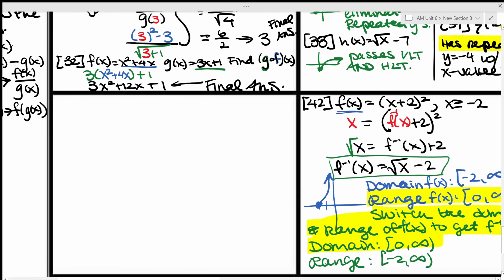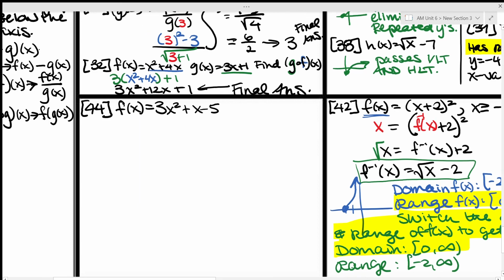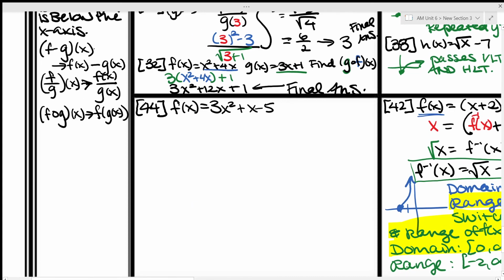Get a picture. Okay, I'm going to put number 44, I think, is the harder one. Okay, and it said, f of x is equal to 3x squared plus x minus 5. Oh, thank you, thank you. Excellent.